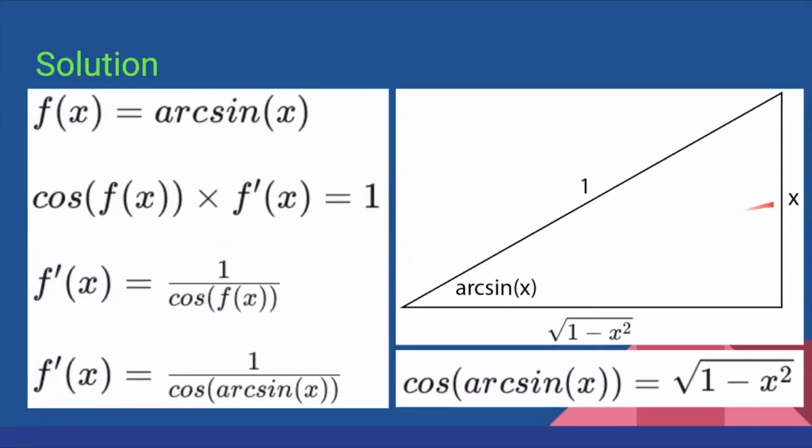All right, and you know that the ratio of the opposite over the hypotenuse is x. And then this leg right over here from the Pythagorean theorem is the square root of 1 minus x squared. And you want to find cosine of this angle, and that's just the adjacent over the hypotenuse, which is the square root of 1 minus x squared over 1, which is just the square root of 1 minus x squared.